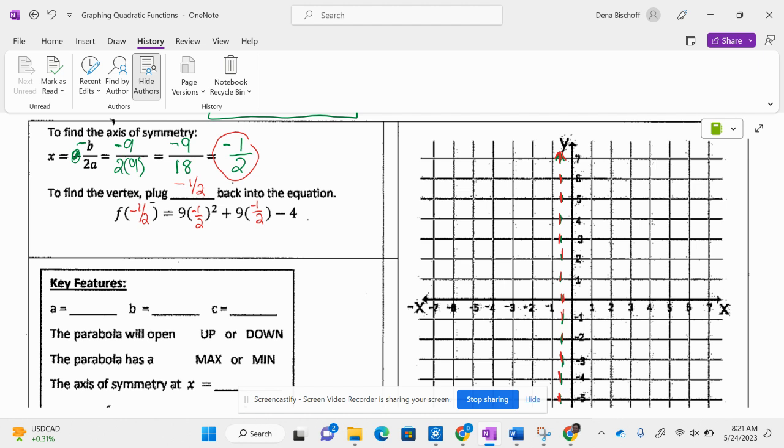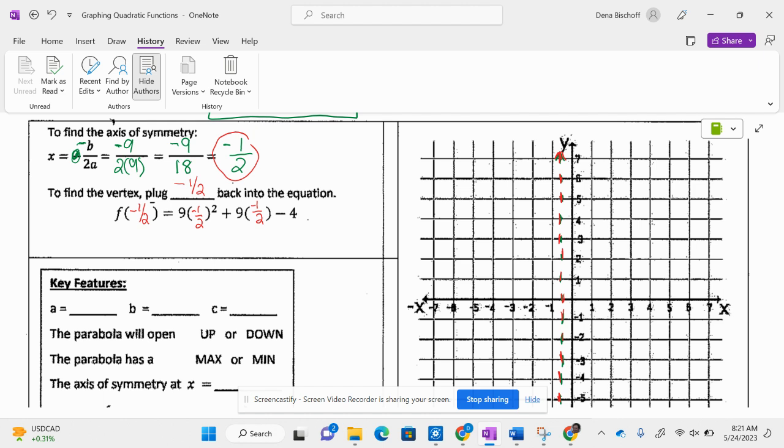So in my calculator, I'm going to take 9 times parenthesis 1 divided by 2, close my parenthesis, then hit my caret function and the number 2. And actually, this needs to be a -1. Sorry, -1. So 9 times parenthesis -1 divided by 2, close your parenthesis, caret squared.